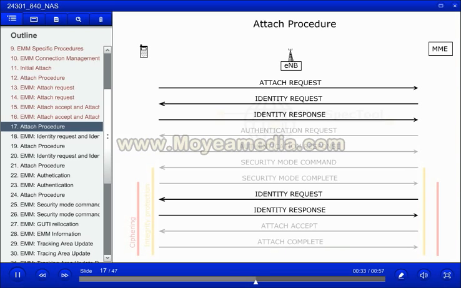So in the first case, the UE answers with its IMSI, International Mobile Subscriber Identity. The second time, the network requests the IMEI from the UE, the International Mobile Equipment Identity. This second request is optional.